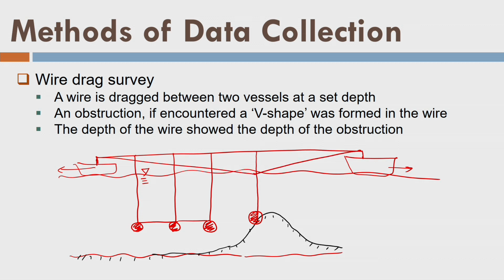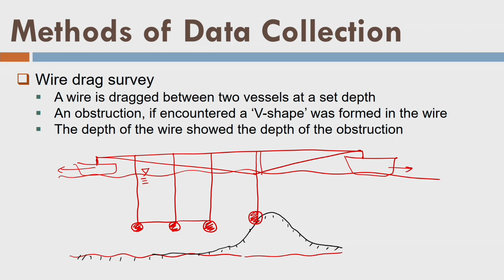Now we can understand that there is some obstruction on the sea bed or river bed, right? So that's the idea here. So I can find out by putting this correction what is the seabed depth here, and so that is the idea of the wire drag survey.